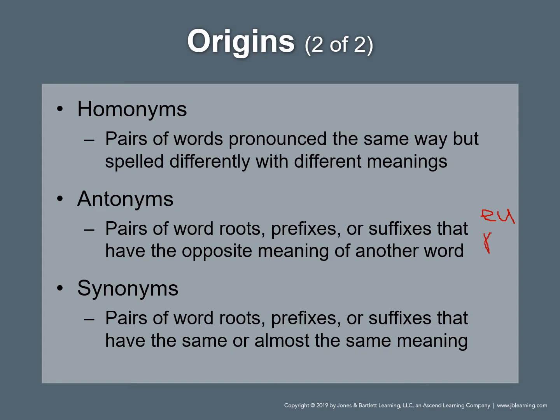Mal, this is something you've heard a few times this week. Mal means bad. Makes sense. Malpractice, malfeasance. AD is toward. And AB means away.